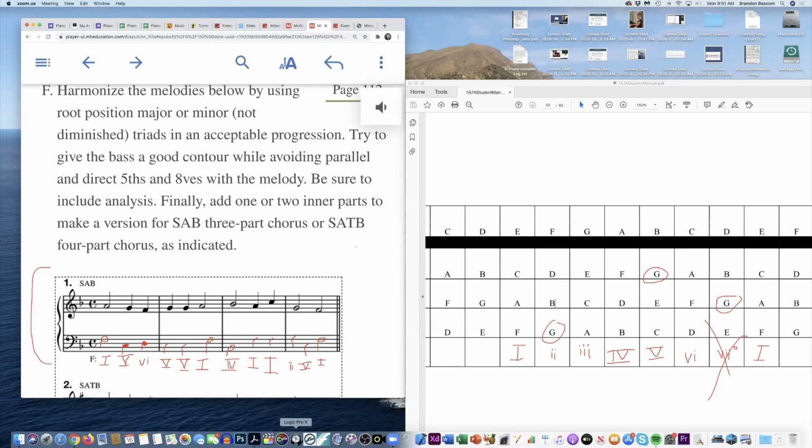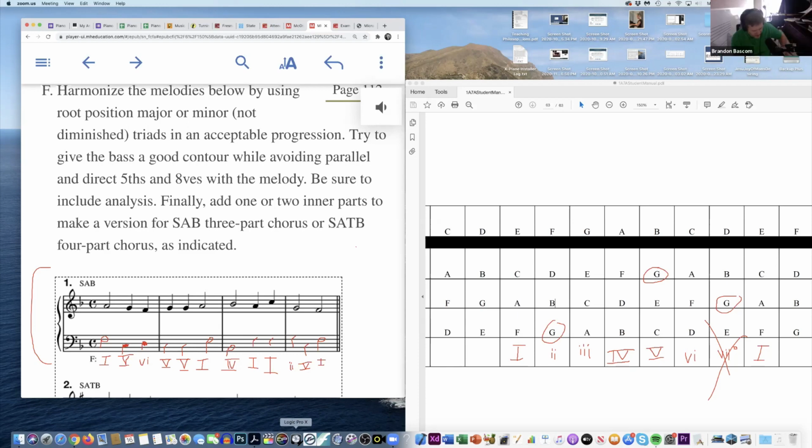I do. It works, but is that okay to go from a fifth to an octave like that? Is that what direct octaves is? Yeah, we had to look this up.